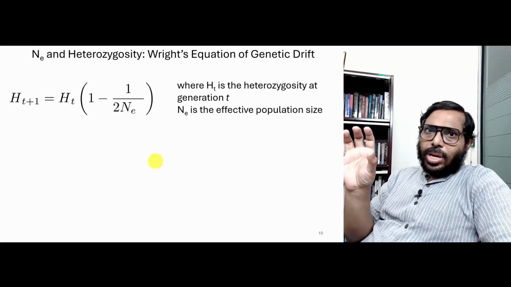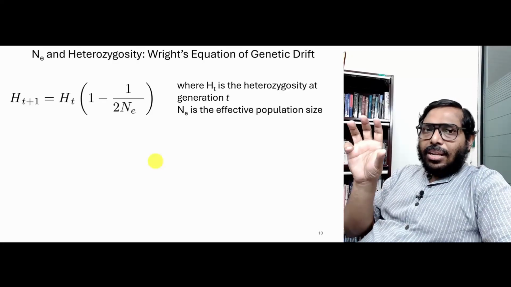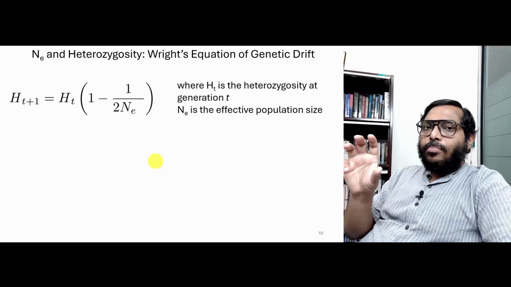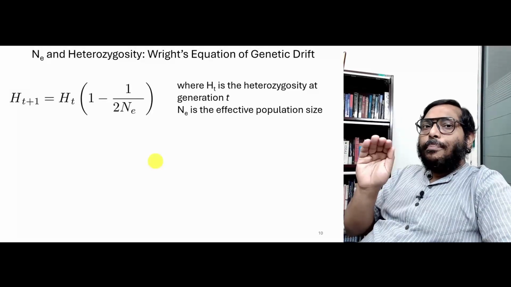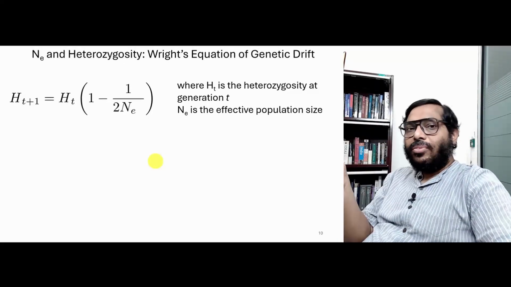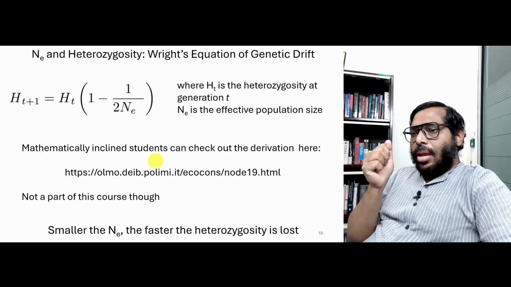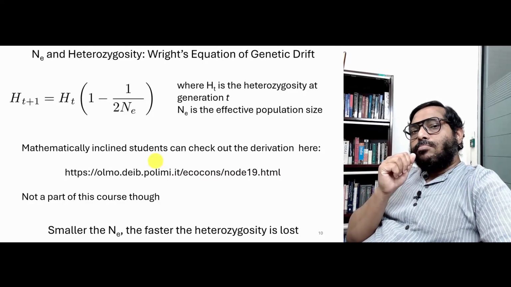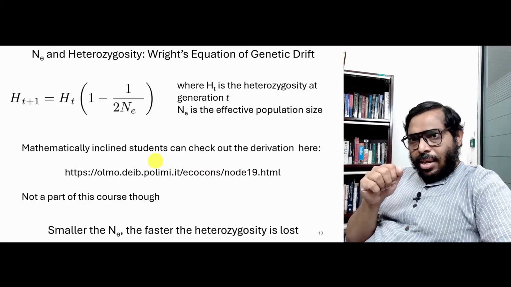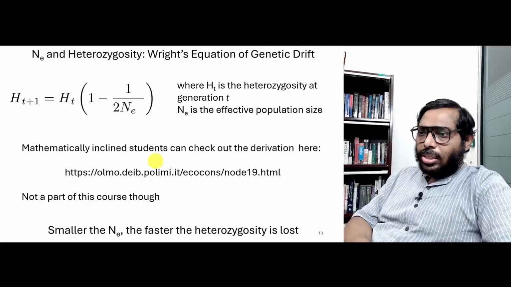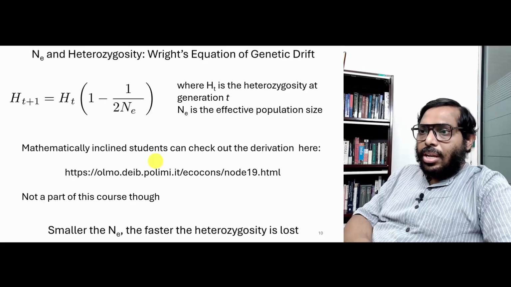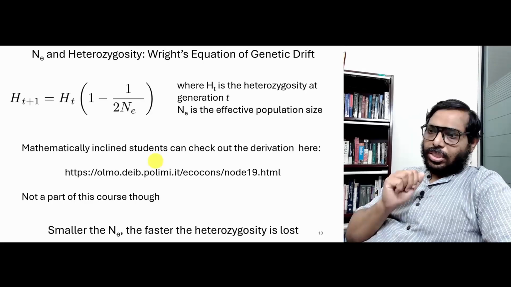So, 1 minus 1 by 2Ne will become larger, and therefore, Ht+1 will be a bigger fraction of the previous generation's heterozygosity. In other words, the smaller the value of Ne, the faster heterozygosity is lost; the larger the value of Ne, the slower heterozygosity is lost.